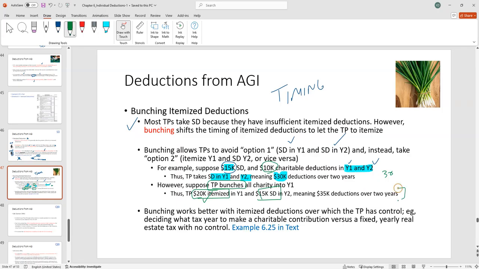Over a 2-year period, we now have 35,000 of deduction. So it's basically shifting. The framework to think about bunching is like, man, it's hard to clear that standard deduction. To the extent I have control over these itemized deductions, let's try to force it through, do it all now versus spreading it out, to get me over the hump to itemize. Okay.